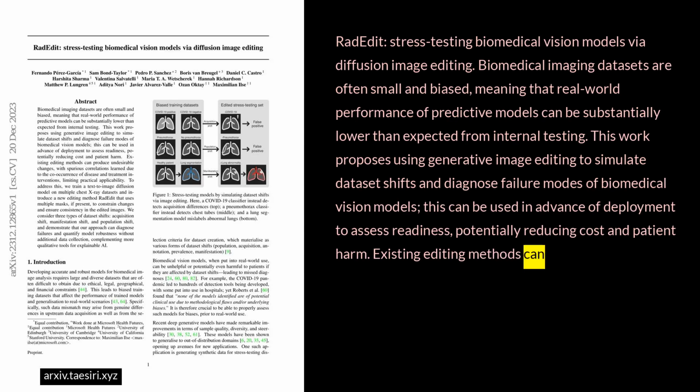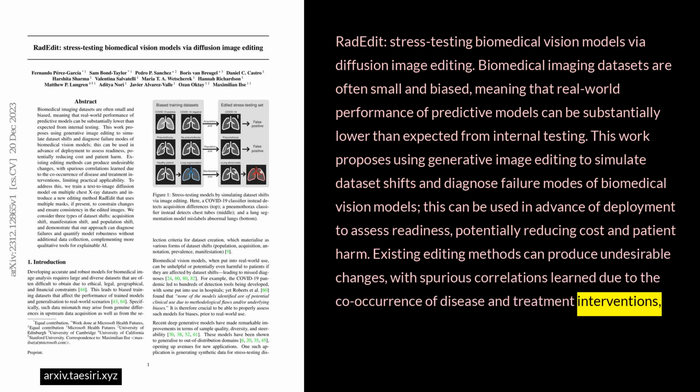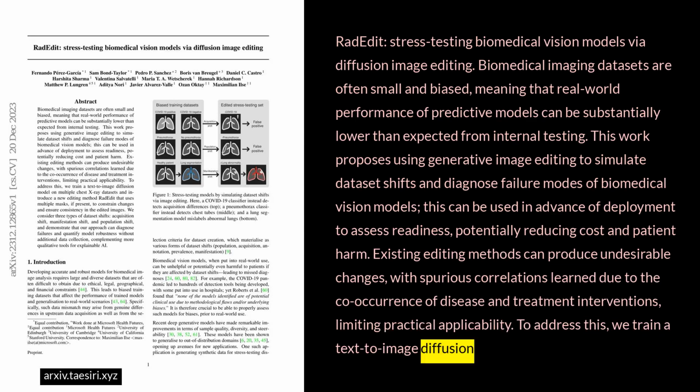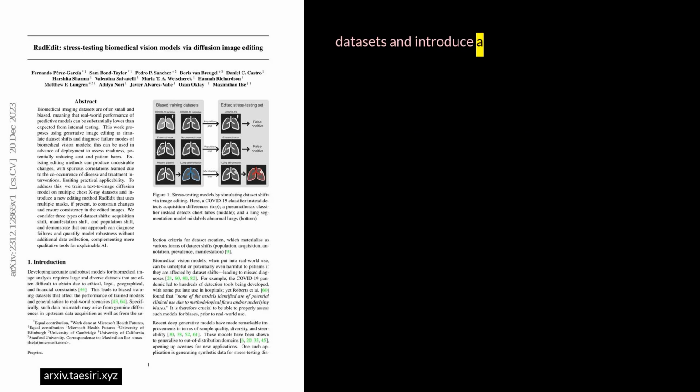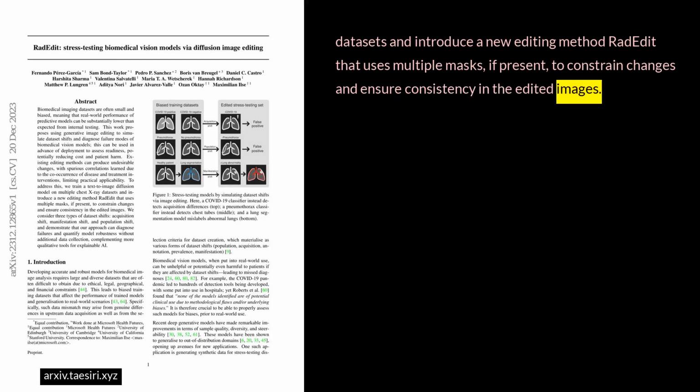Existing editing methods can produce undesirable changes, with spurious correlations learned due to the co-occurrence of disease and treatment interventions, limiting practical applicability. To address this, we train a text-to-image diffusion model on multiple chest X-ray datasets and introduce a new editing method, RadEdit, that uses multiple masks, if present, to constrain changes and ensure consistency in the edited images.